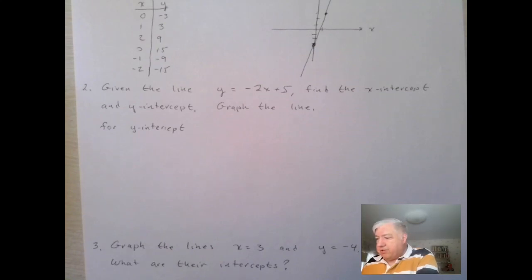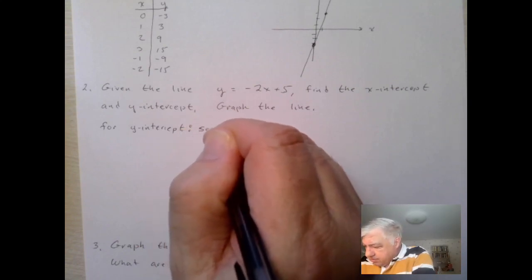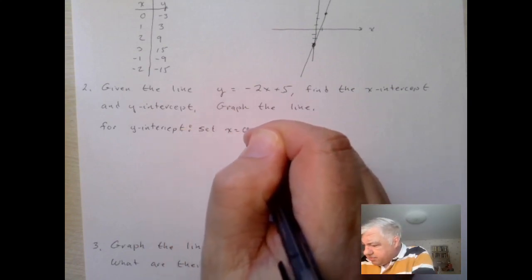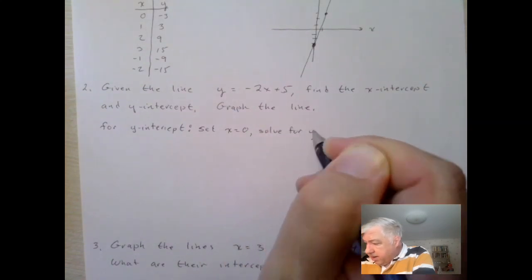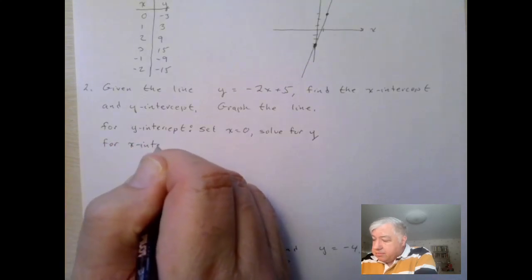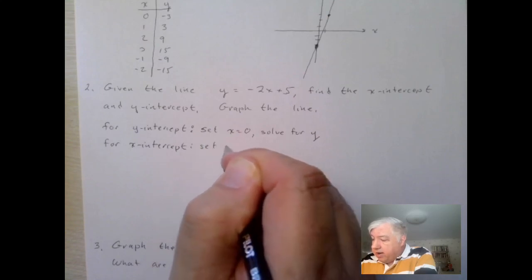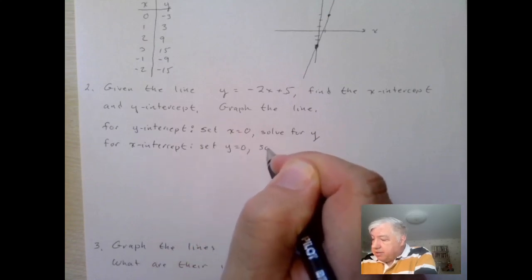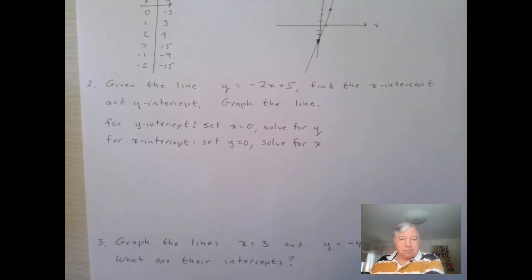For the y-intercept, you set x equals 0 and solve for y. And then for the x-intercept, it's the reverse. Set y equals 0 and then solve for x.